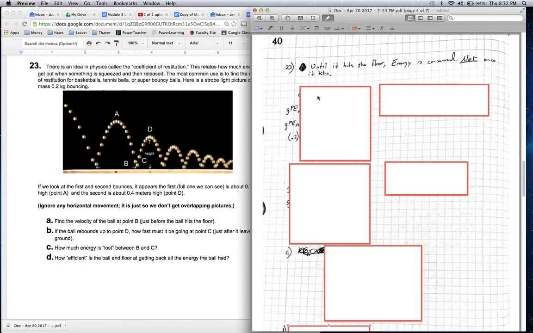So it's not conserved between B and C, but it is between A and B and between C and D.